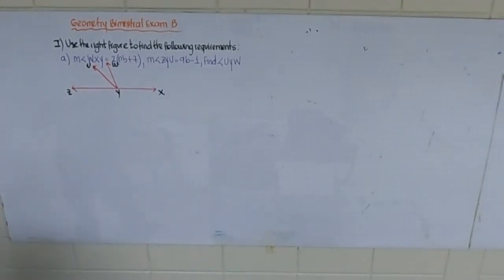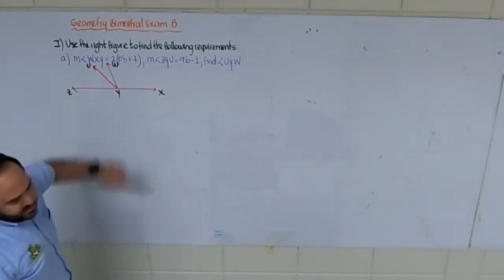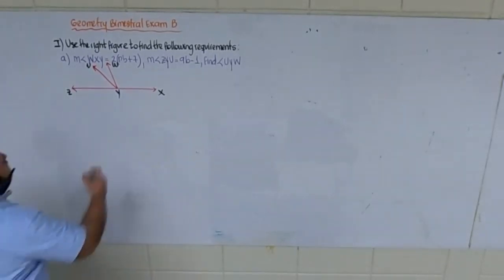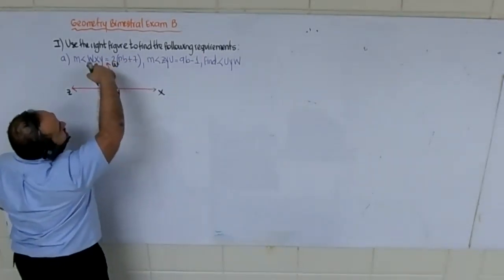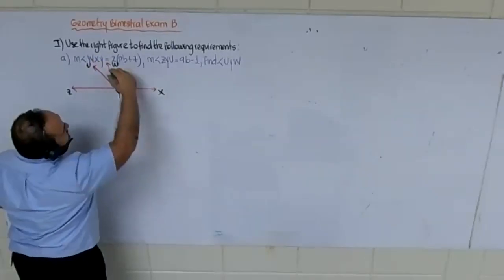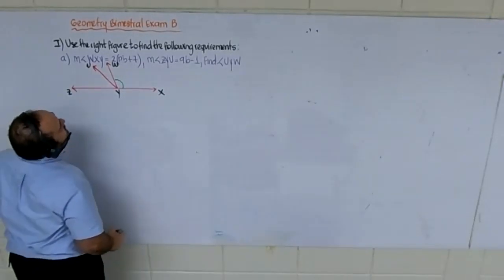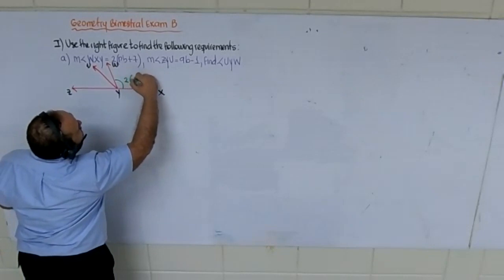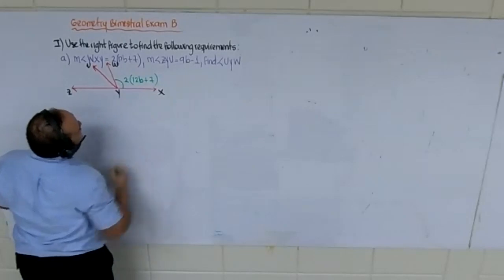For example, we have to find the measure of the angle WXY. Well, the angle WXY, according to this situation, is located on this side, and the measure of this angle will be twice the product 12B plus 7.